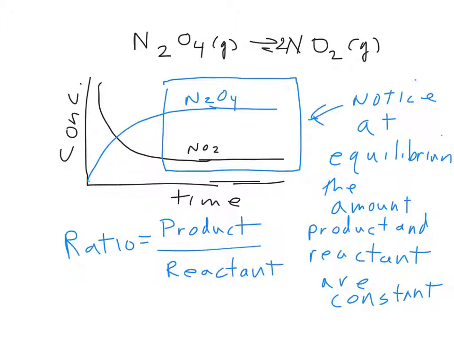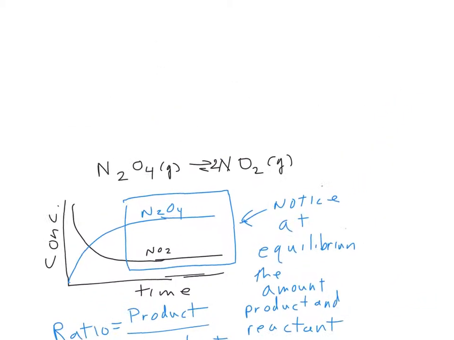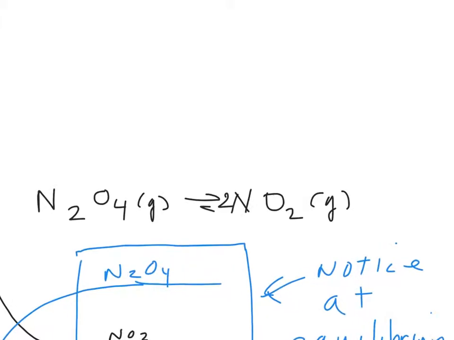So we write the ratio like this, where we take the concentration of the product and we raise it to its coefficient's power.